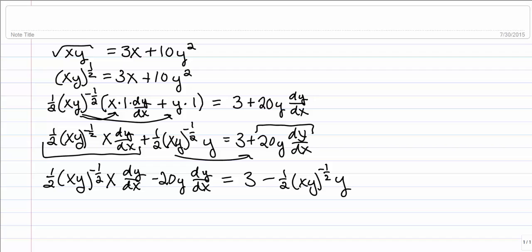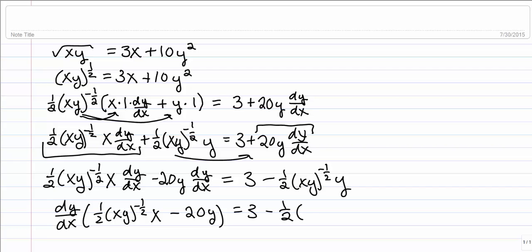Now, since we have two dy/dx's, we need to factor out a dy/dx. And now we have only one dy/dx, so we are going to divide by what's being multiplied times that one dy/dx.